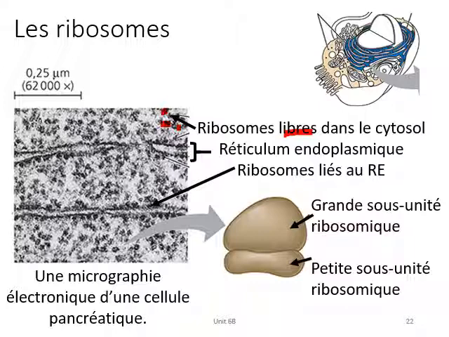Remember that the ribosomes make protein. So if a plant or animal can't synthesize a certain protein, it might mean something is wrong with the ribosomes. This is a photograph of the pancreas cell, and it's the pancreas that produces insulin. Here is a diagram of the ribosome itself. It's actually made up of two parts, a large unit and a small unit.